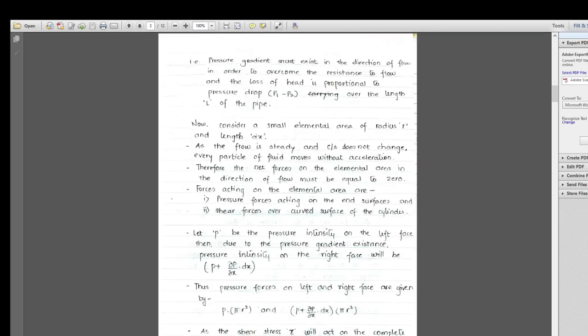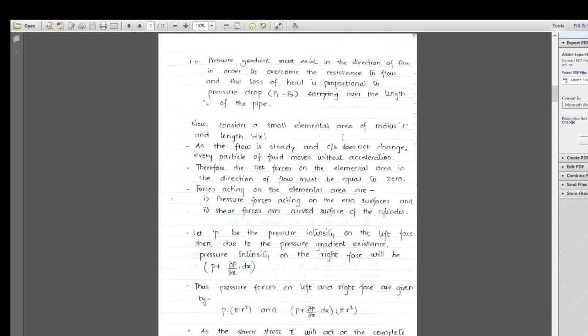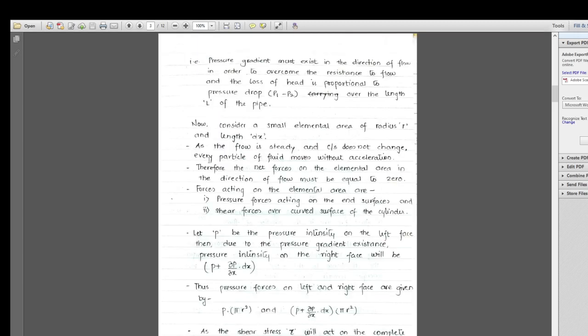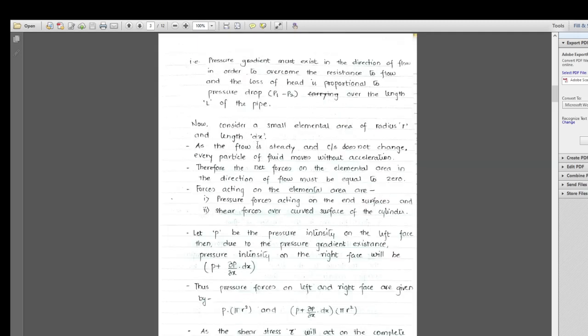Now we will consider a small element from this long pipe, of radius r and length dx. See, from this pipe we have considered a small element with radius r and length dx.